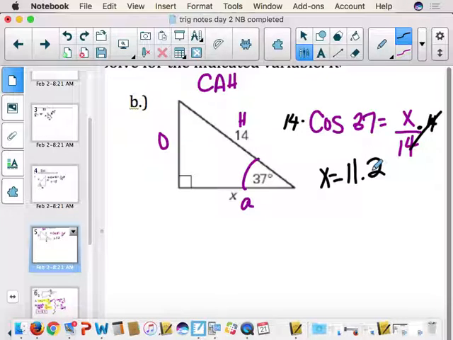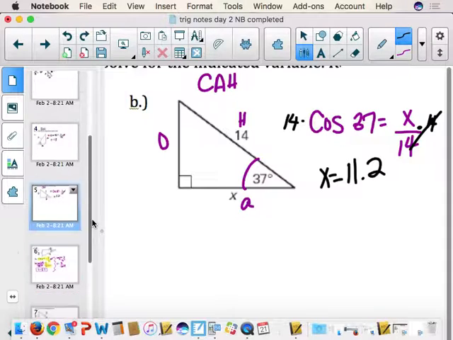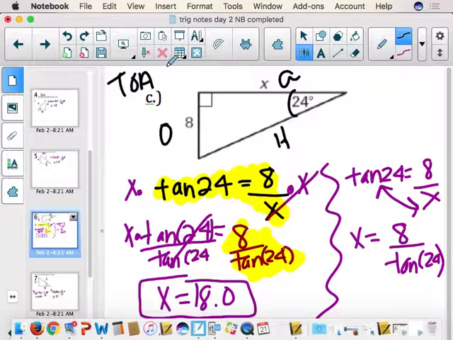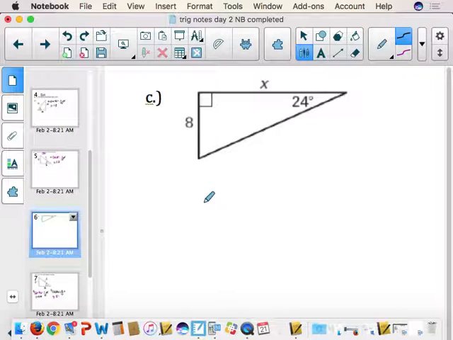Okay, so on this next problem, we have something a little bit different that happens. So on this next problem, on C, we have a 24-degree angle here, and we were given the hypotenuse down here we don't have, and 8 is opposite from 24, and X is adjacent.